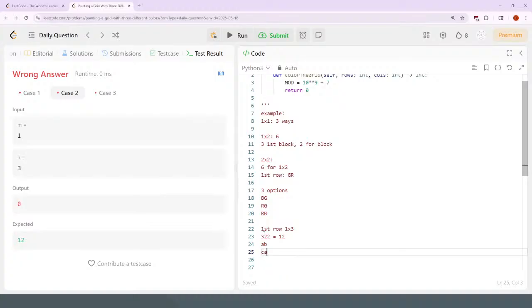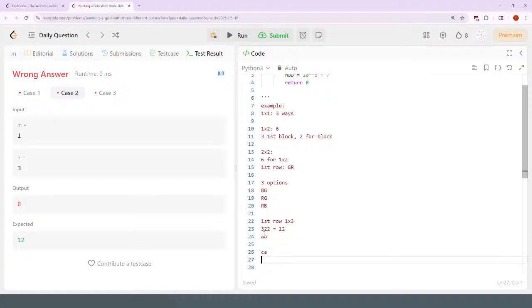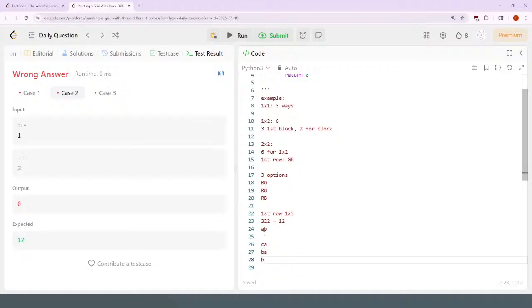So it has to be A. So it could be CA, or it could be, again, BA or BC. Okay. Now let's consider a third element, ABC. So the third element here could be either ABC or ABA.